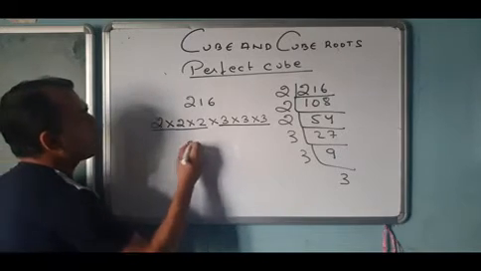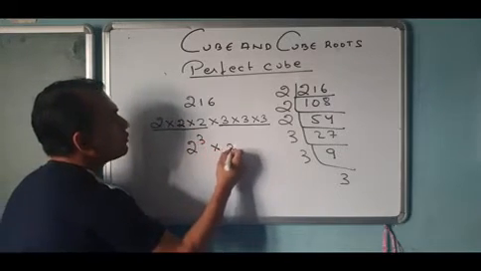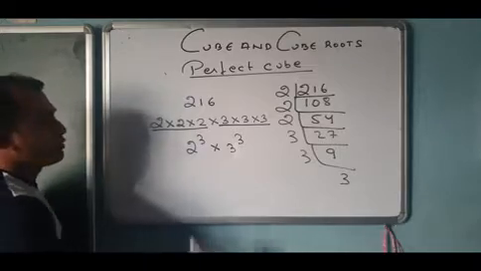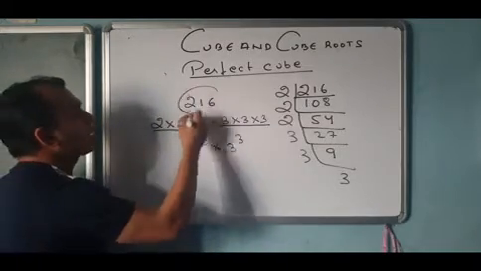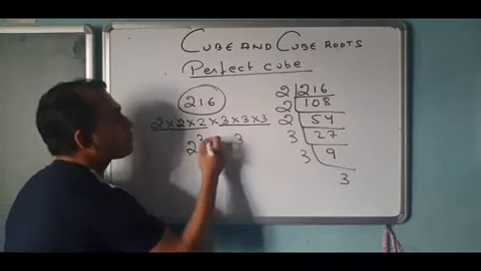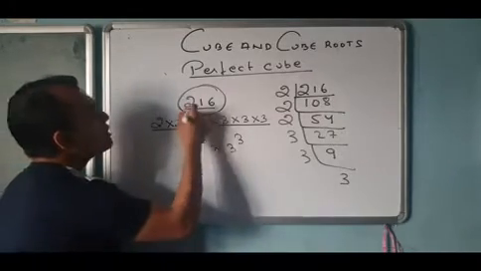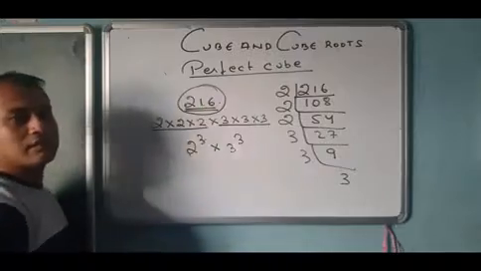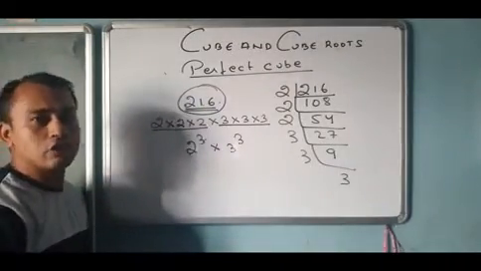So we can write this as 2 cube into 3 cube. So in this case also, the factors of 216 can be expressed as a power of 3. So we consider 216 as a perfect cube.